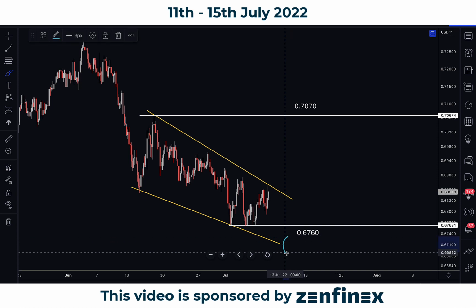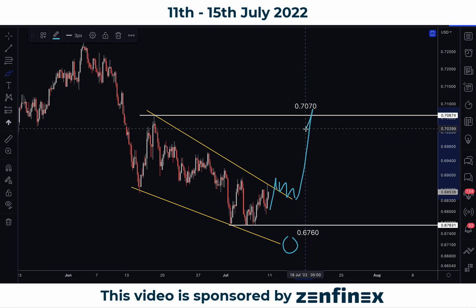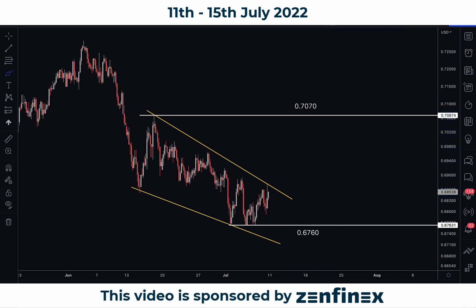Whether the market hits lower towards the bottom of the trend line, or breaks above that trend line and does a little bit of a retest, that will also be a buy opportunity for me. The final target I'm looking out for is around 0.7070. So if you're looking at the Aussie dollar next week, do look out for a buy setup as well.